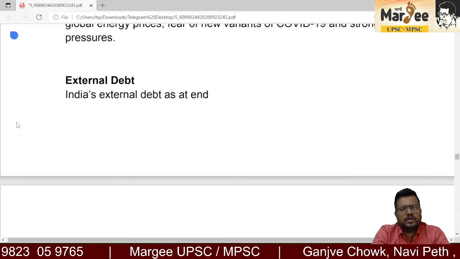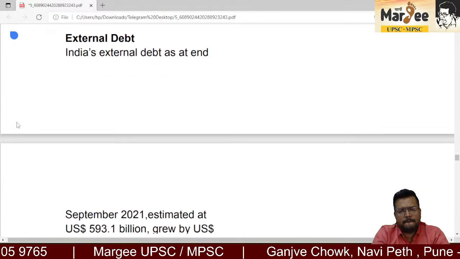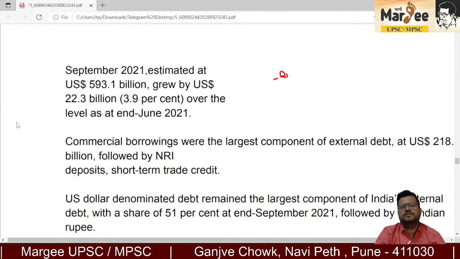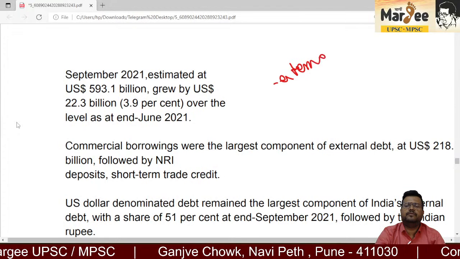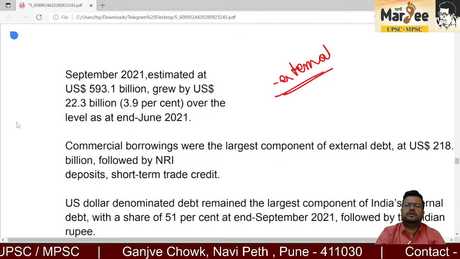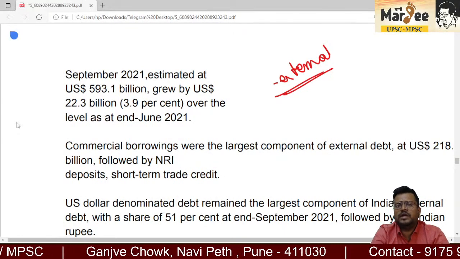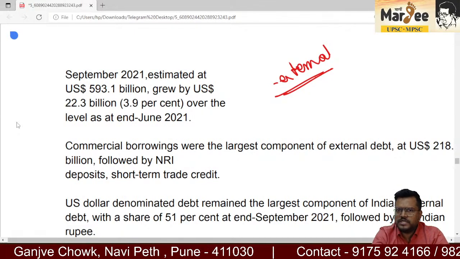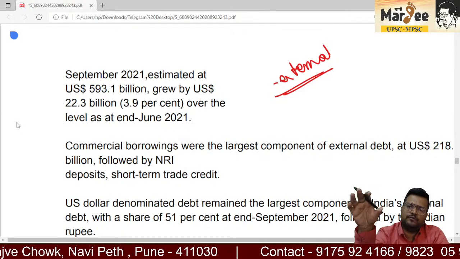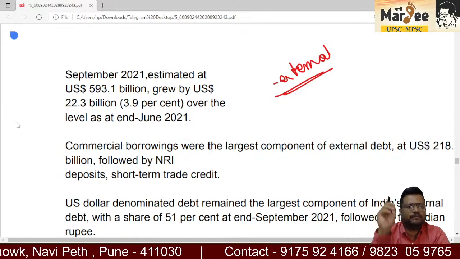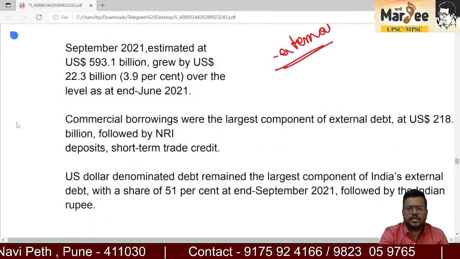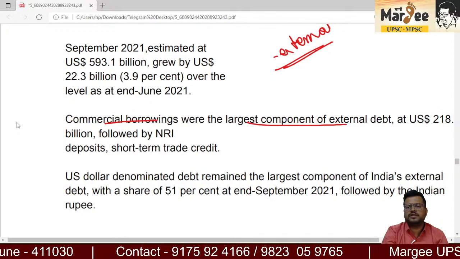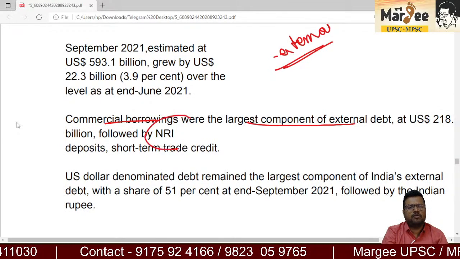We will see what is the condition of external debt of India. In the last lecture, we have seen that India's external debt is not that prone to currency risk or interest rate risk, because our loan from external sources is very minimal. Still, commercial borrowing was the largest component of external debt, followed by NRI deposits.